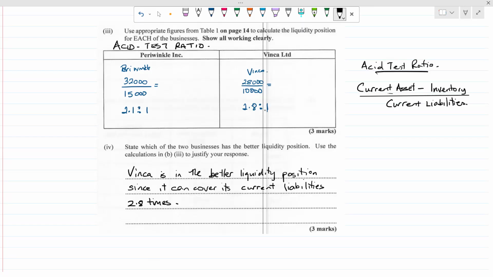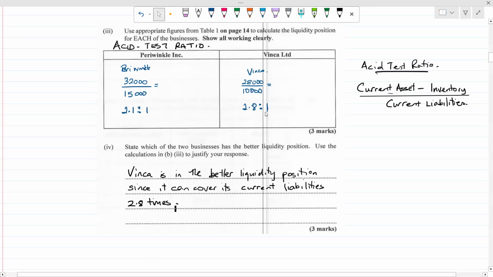2.8 times. Because if you could pay all your bills 2.8 times, it means that really and truly, when you do it once, you still have a whole 1.8 left over that you could save and invest with. Well, you hope that's what you'll do with it, right? So it is better, and think about it this way.